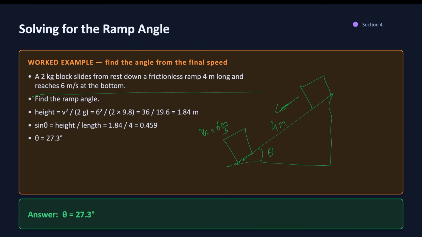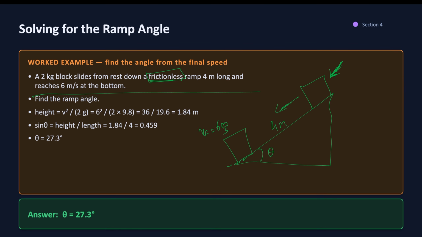And we need to find the ramp angle. So not a lot given here, but again, we don't need a lot, right? Because friction, thank God, isn't existing here. So we can just write our equation again. What's our energy initial? We have no spring, no kinetic. What do we have?